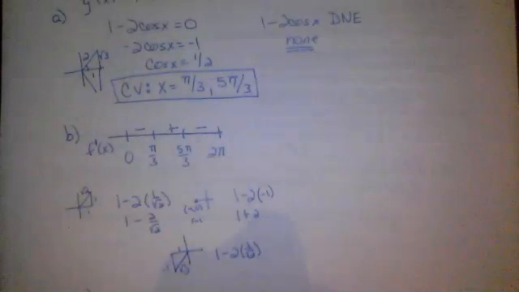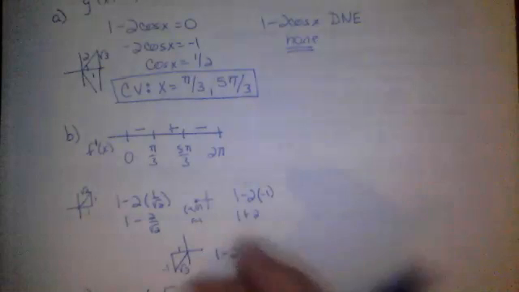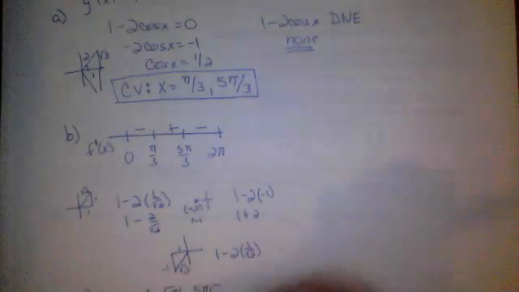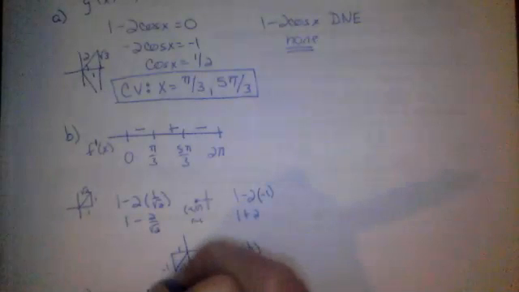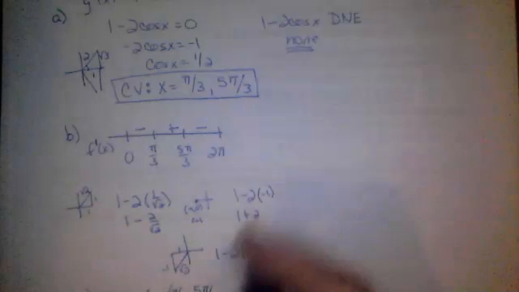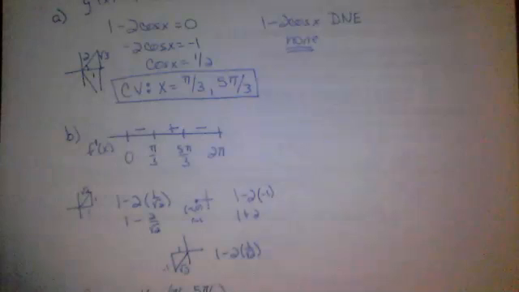So this thing is increasing from pi thirds to 5 pi thirds. And that's going to be brackets, not parentheses, not brackets. And it is decreasing on the outer intervals.